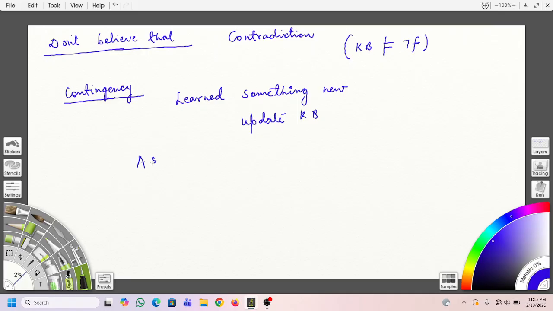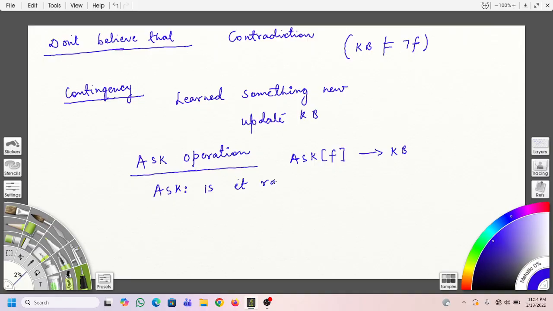Now coming to the next operation, that is the ask operation. That means we are querying the knowledge base. Earlier we were adding something to the knowledge base with tell. Here I can write ask F in square brackets, meaning I am asking this formula, and I am asking it from the knowledge base. So what can be the possible responses? Like I am asking, is it raining.